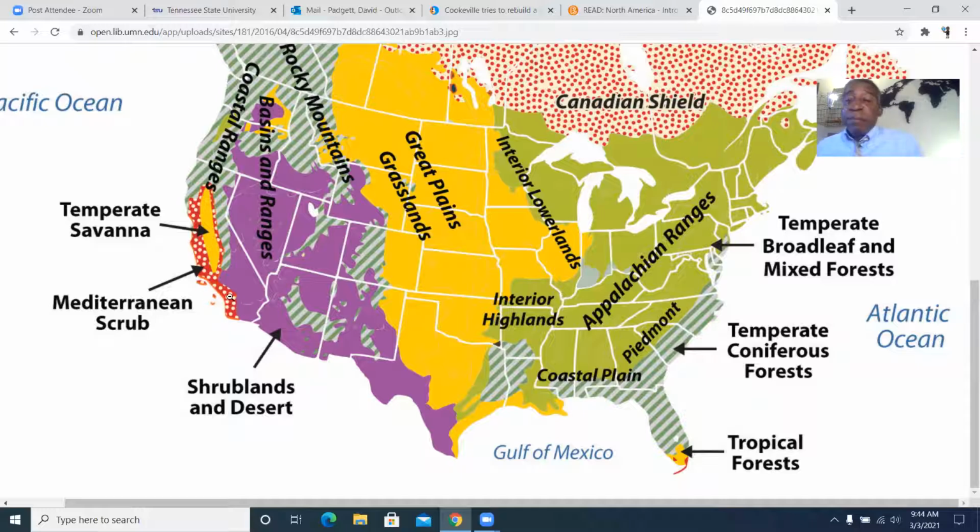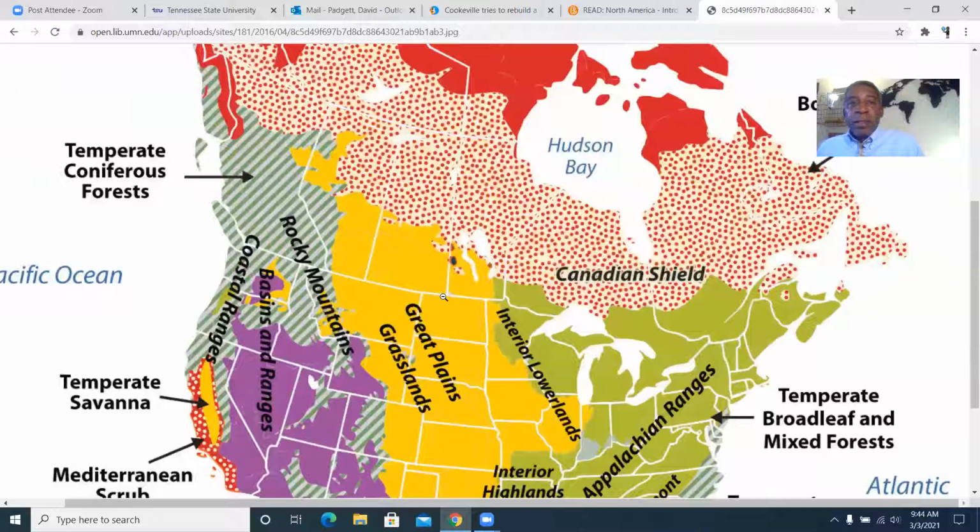That's a type of plant ecosystem. The plants are usually small and shrubs. One of the types of plants that's common in the Mediterranean scrub is mesquite, and other plants like that. Then, of course, we have the temperate savanna, which, in yellow, is another grassland.